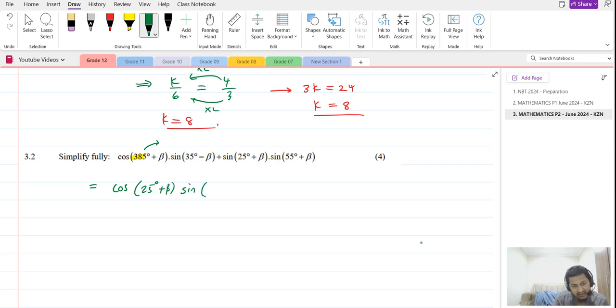sine 35 degrees minus beta, plus cos 25 plus beta sine 35 minus beta, plus sine 25 plus beta times sine 55 degrees plus beta. 25 and 55.